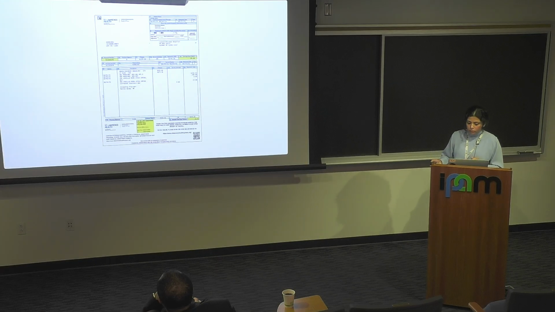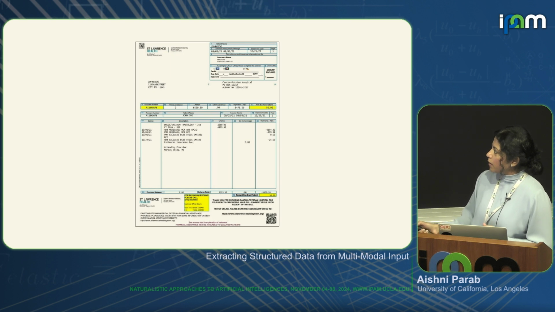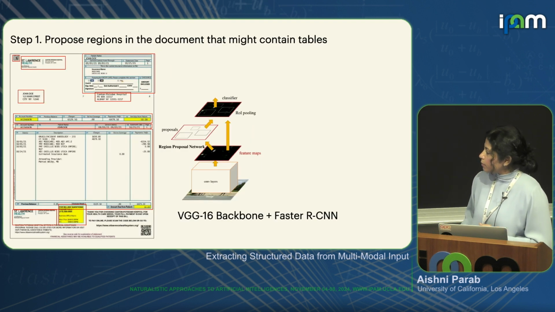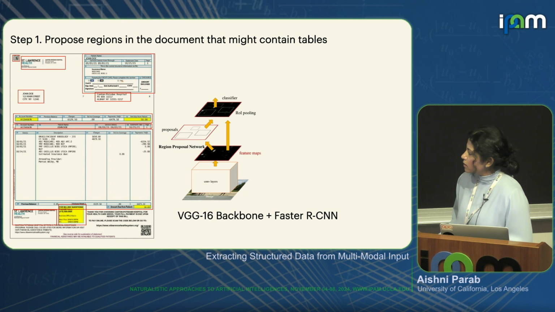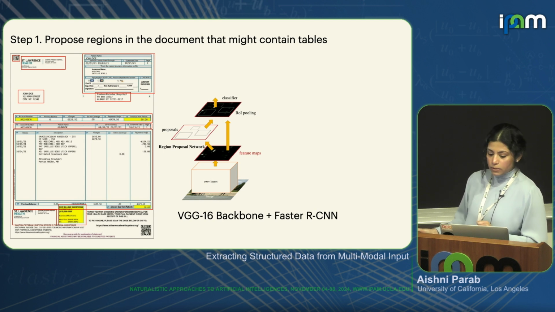Here's a sample scanned document with a mix of tables and text. The particular tabular structures that you can see here are up here, and these three tables here, right? What the Faster R-CNN does is process this image and make a bunch of region proposals for what might be tables.